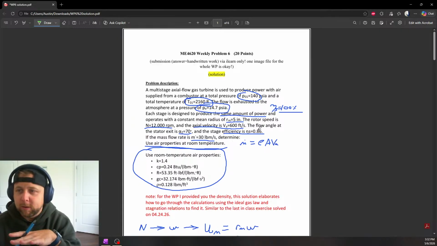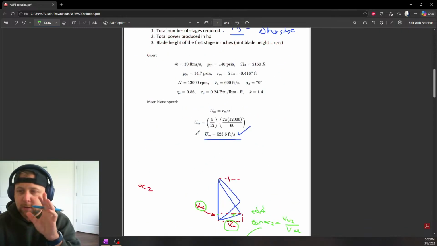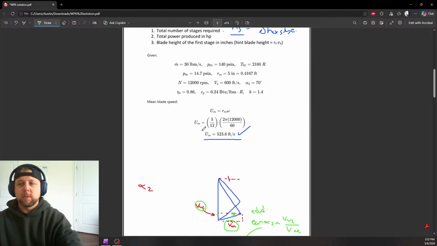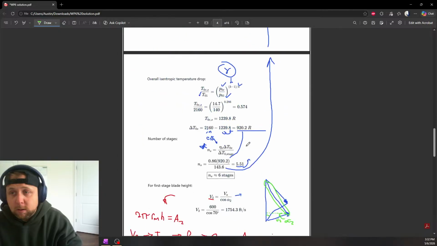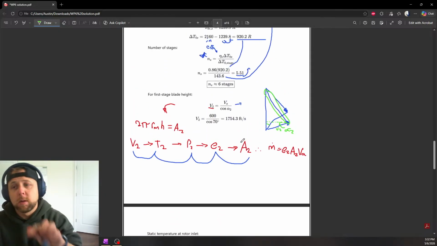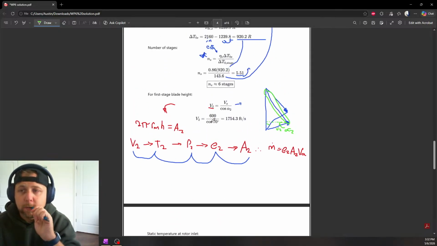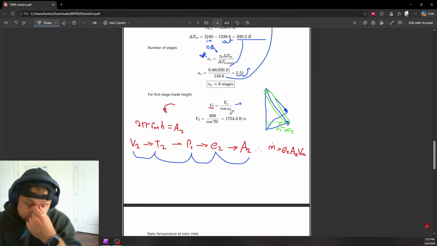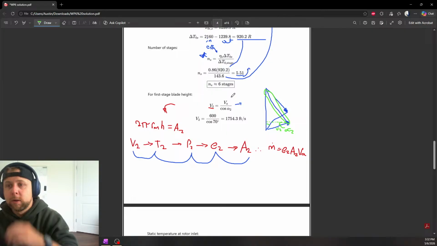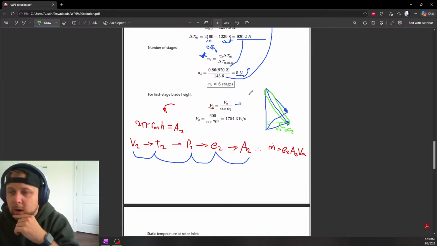And we're only given the flow angle at the stator exit, alpha 2, is 70 degrees. 70 degrees is also equal to beta 1. But VA, where are we getting this from? So cosine alpha 2 is, oh my gosh, adjacent over hypotenuse. And so this should be the hypotenuse.